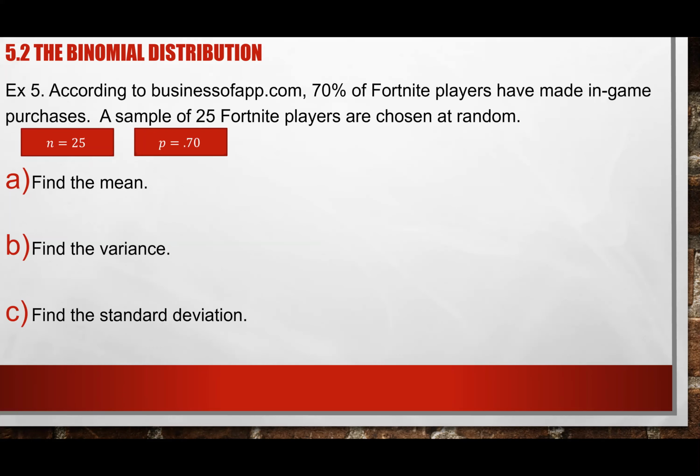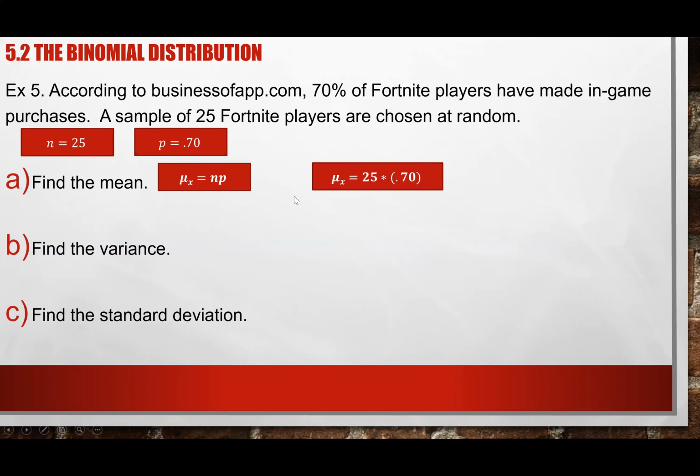So basically, if I have 25 people, on average, out of the 25 people, how many of them spend money on this game? The mean is n times p, which is 25 times 0.70.